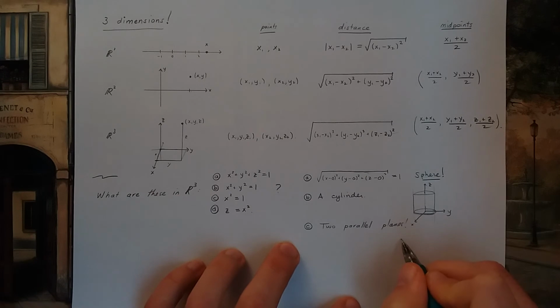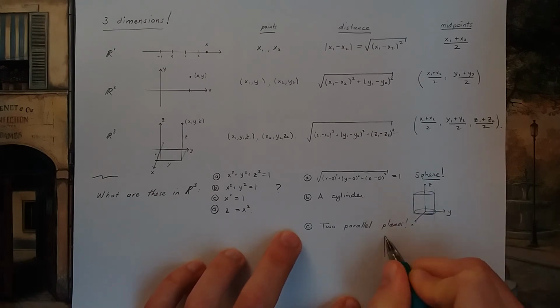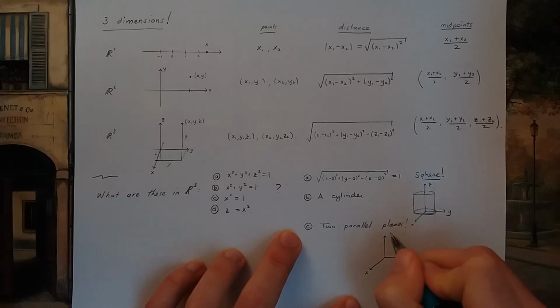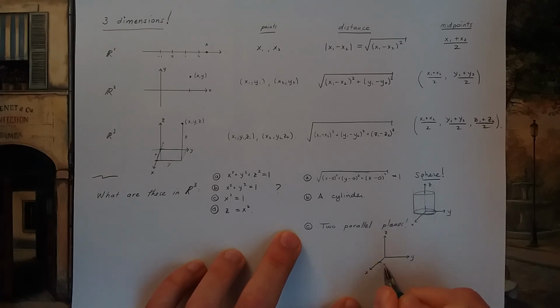Let me try to draw the picture here. So I'm in R3, so I got three axes. One coming straight out, that's x. One going to the side, that's y. One going straight up, that's z. So here is x equals plus 1, and then back here would be minus 1. The x values have to be plus 1 or minus 1, but the z and the y values could be anything.